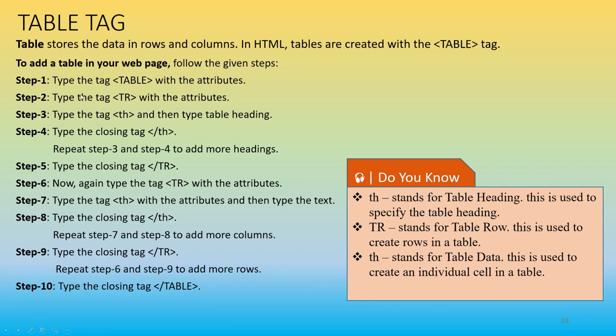We will learn several attributes related to tables in further slides. Type the tag TR. TR stands for table row, with the attribute. These are all without the slash sign, which means they are all opening tags. So we will be specifying attributes if we wish to.